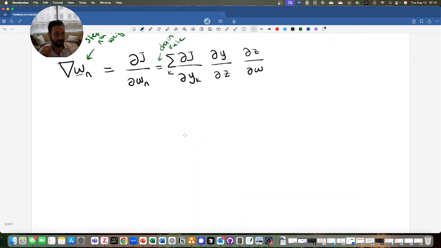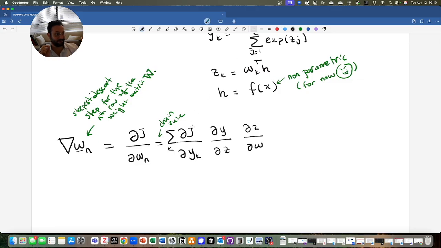So I have this yk here, and since I am marginalizing over all of the k's, like summing through all of the k's, these yk's will have derivative with several of the z's, but I am only interested in wn, and wn is only connected to z of n. So I'm going to calculate the derivative with respect to z of n, right?